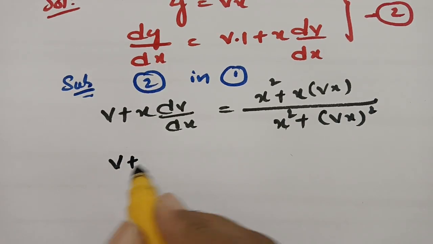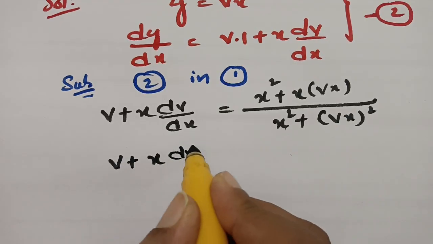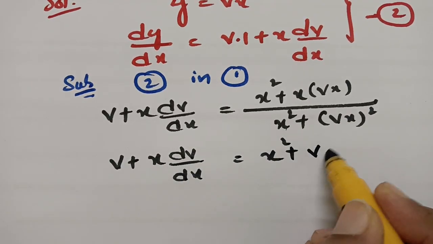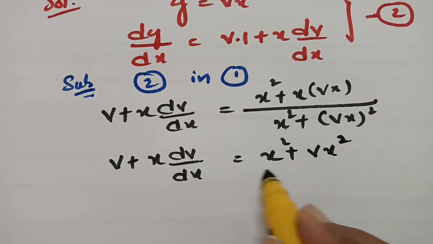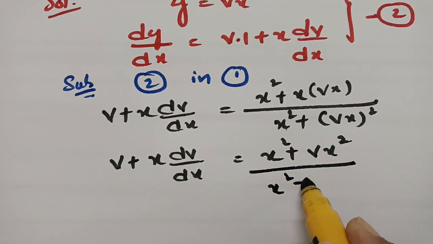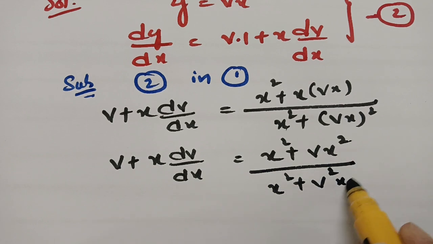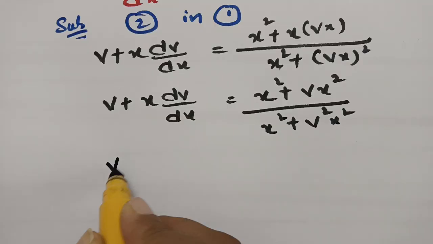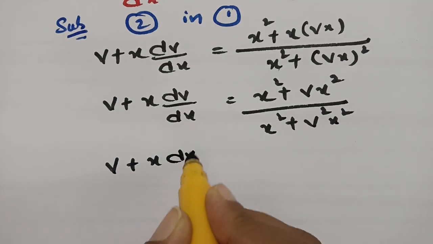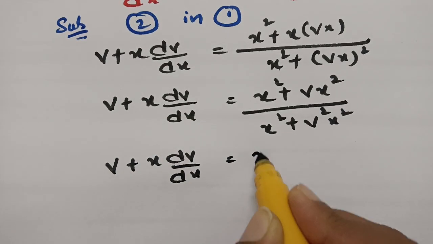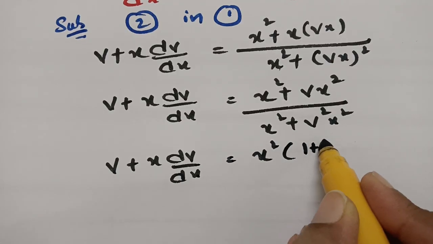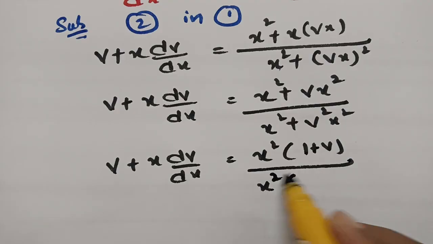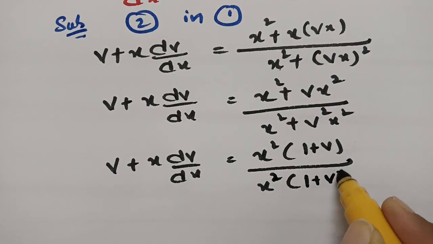So this value will be v plus x into dv by dx is equal to x square plus v times x square, divided by x square plus v square into x square. So this becomes v plus x into dv by dx, which is equal to x square into 1 plus v, and as I take x square common, this will be 1 plus v square.